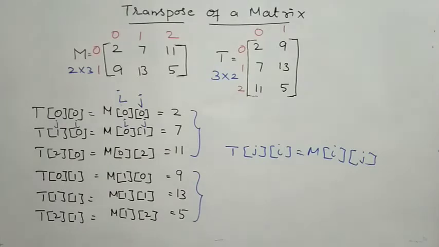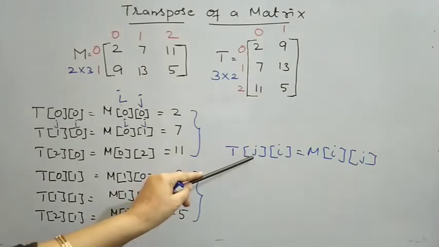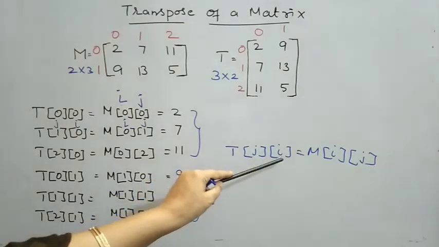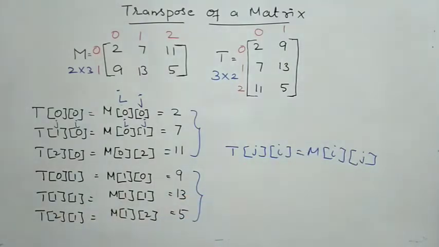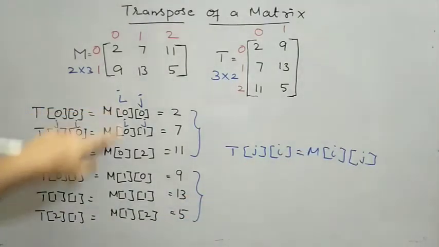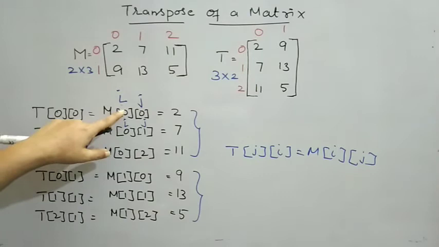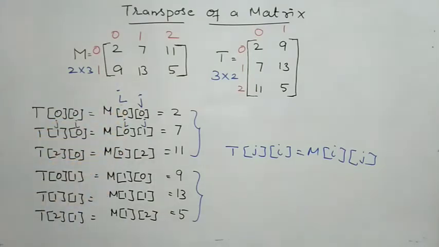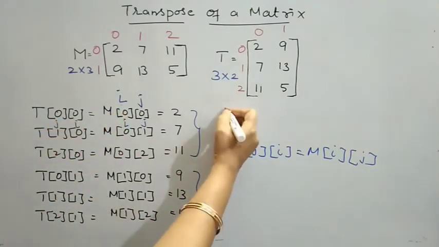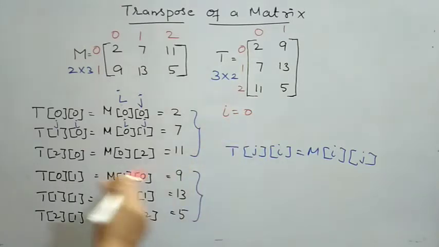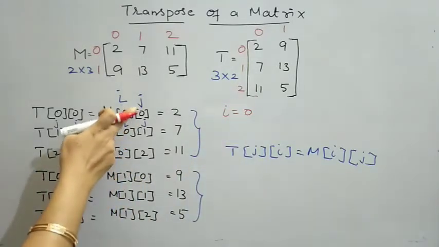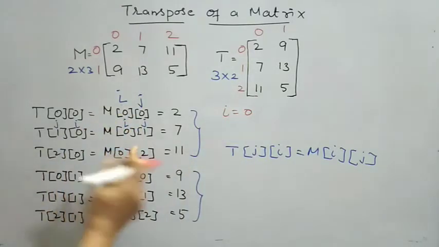I is going to take the index position of the row, J is going to take the index position of the column. In this conversion, initially I takes the value of 0. When I takes the value of 0, the value of J ranges from 0 to 2.